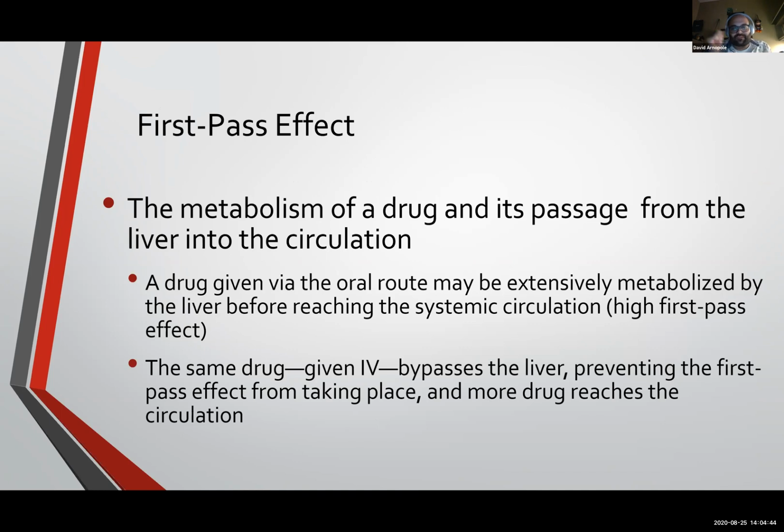First pass effect. Know this, understand this, okay? The metabolism of a drug and its passage from the liver into the circulation. When a medication is taken orally, it goes through the alimentary canal, through circulation, into the portal circulation, and then hits the liver.